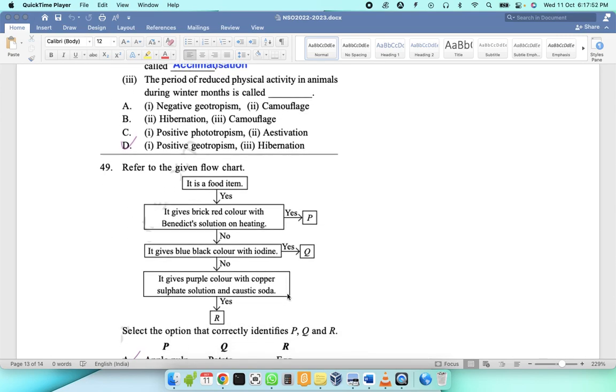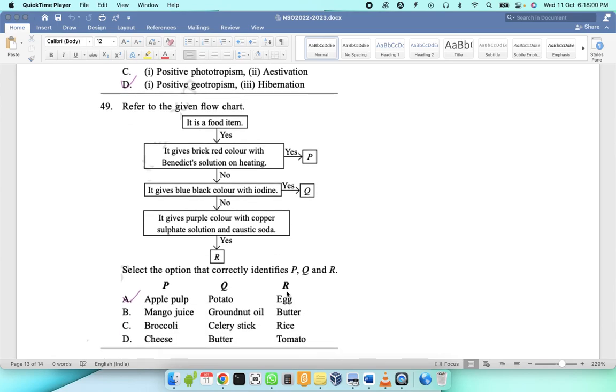We know that a food item gives brick red color with Benedict solution on heating if it is high in sugar content. Both apple pulp and mango juice have high sugar content, so they both could be P. It gives blue-black color with iodine. We know that this test is done when the food item is high in starch.